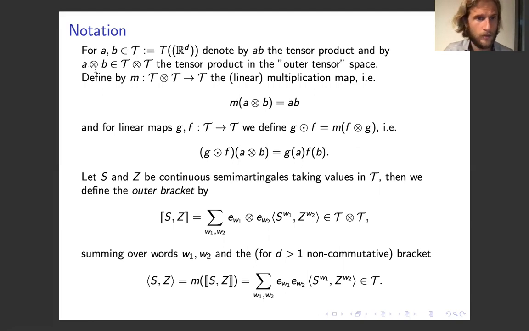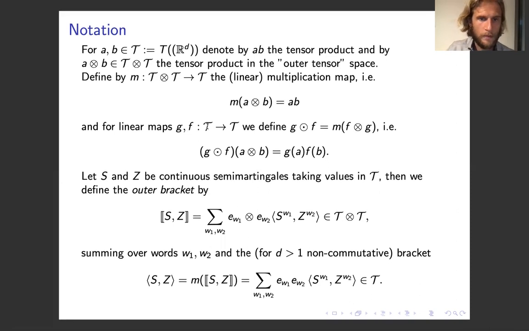And we introduce a tensor product symbol for another tensor product, which we call the outer tensor product. And then we have the multiplication map, which maps from this outer tensor product of the two spaces of tensor series to the space of tensor series just by multiplying all tensors appearing in the series and then extended by linearity.